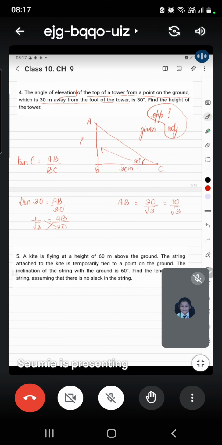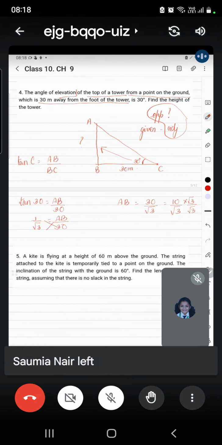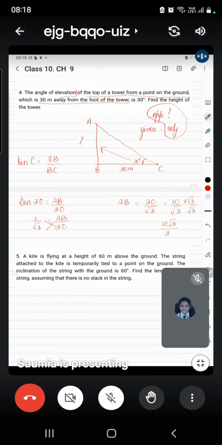But don't leave it like this because root 3 is irrational. So we have to rationalize it. So to rationalize, what will we do? Multiply. Now what will you get? 10 root 3 upon 3.